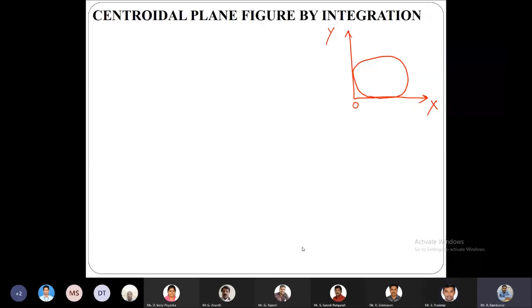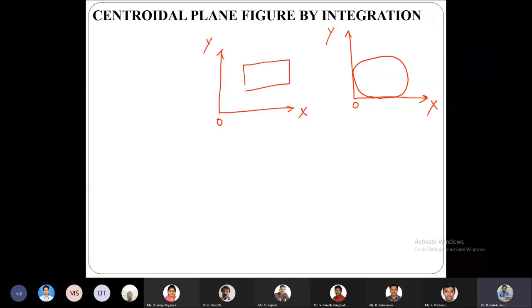So here this OX axis and OY axis are called the reference axis because they are having a contact at the lowermost part of the object as well as at the left hand extremity of the object. So this is nothing but our reference axis, and then we have studied about an axis called the local axis. So again, this is X, origin O, and then the Y axis, and here we have an object.